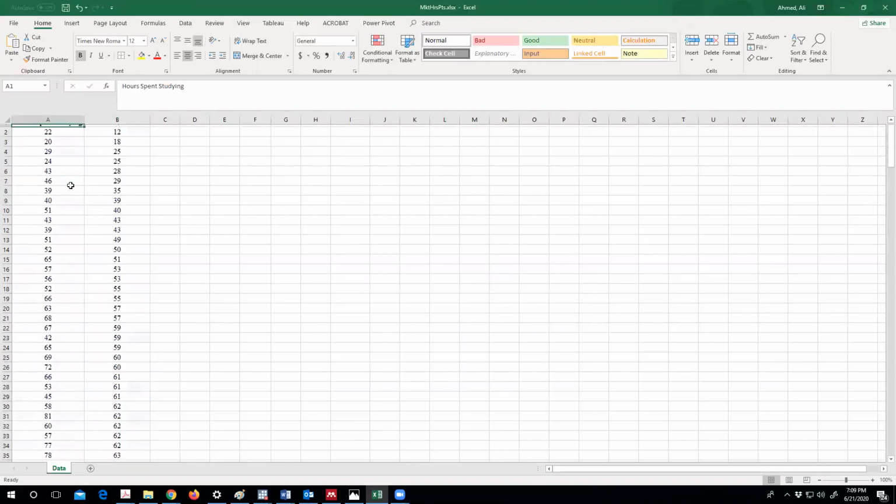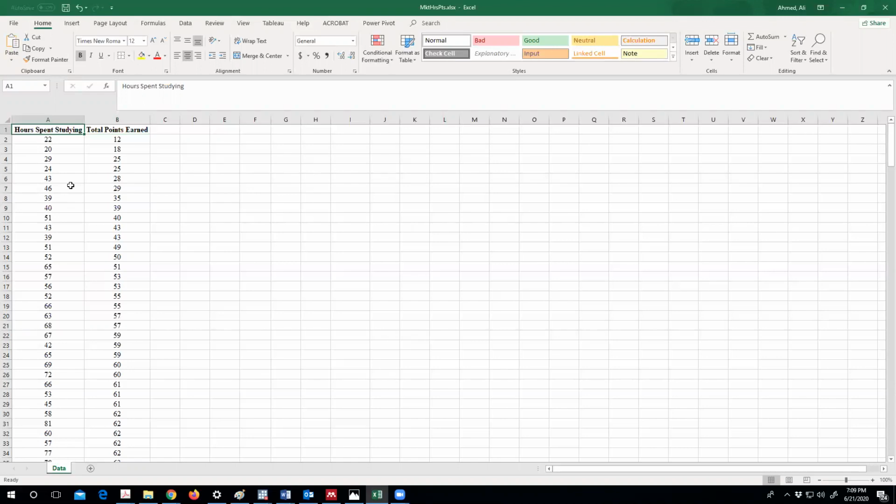And Excel can do that for us. Regression is mainly a linear relationship between two or more quantities. Here we have just two quantities, and one is called the independent variable and the other is called the dependent variable. So in this problem, the first thing we have to see is what is dependent and what is independent. Hours spent by a student is the independent variable.